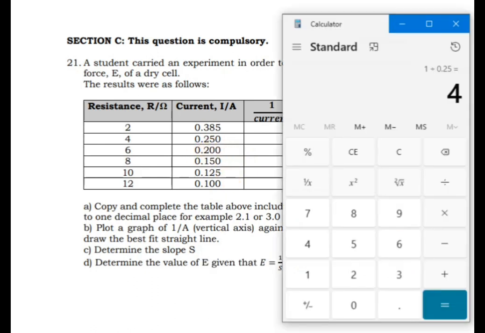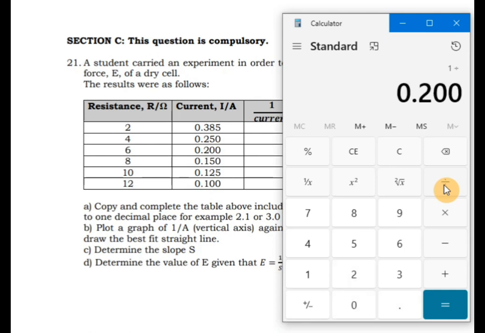Let us try. We take 1, then divide by 0.250. The solution is 4. Next point, we take 1 and divide by this value. Take 1 and then divide by 0.200. As you see, the solution is 5.